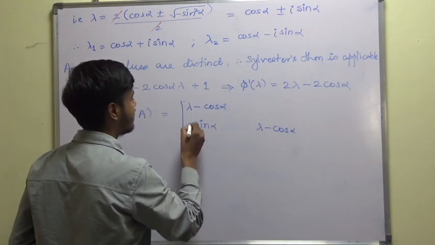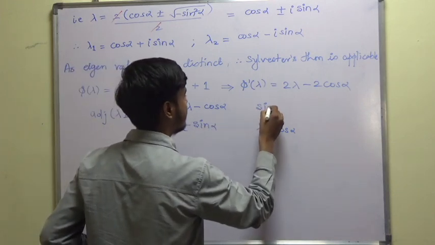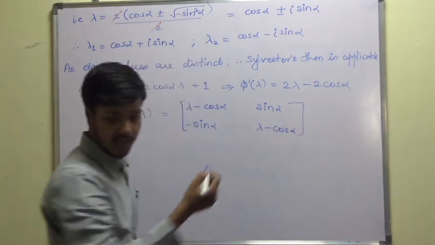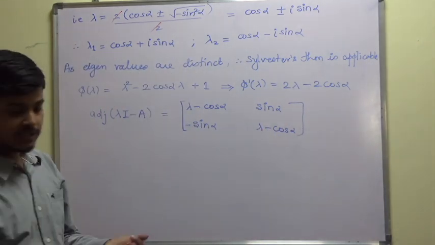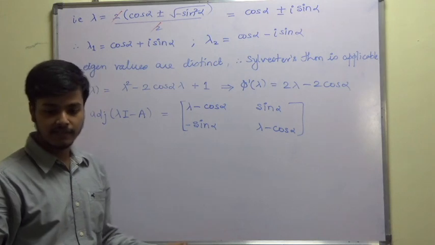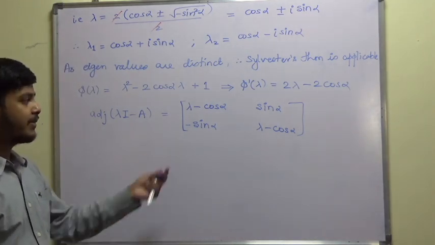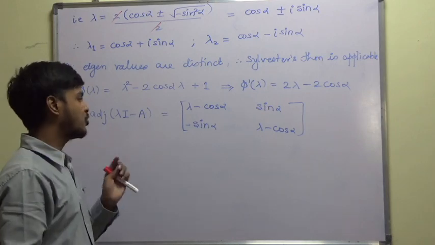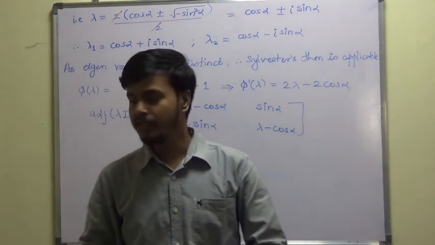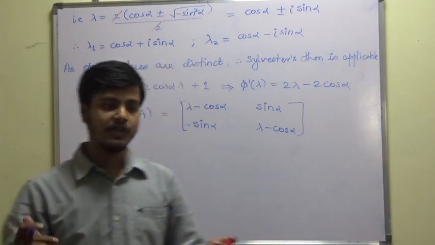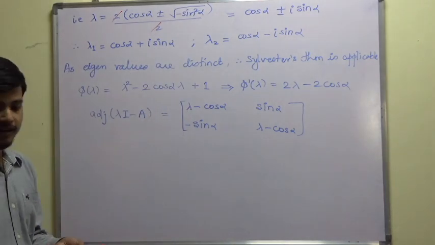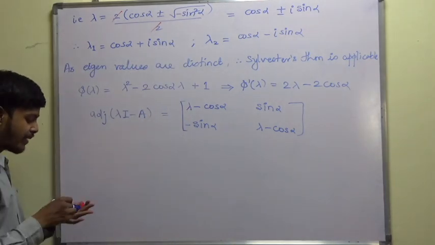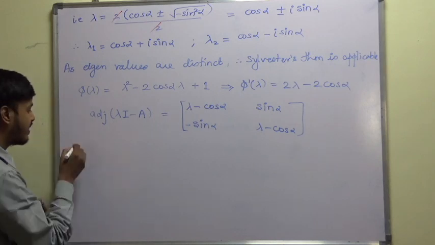So this is minus sin alpha, this is plus sin alpha. If you remember, we have this matrix. So this is lambda minus cos alpha, sin alpha, minus sin alpha, and lambda minus cos alpha. So we have this adjoint, which completes step number 3. Now we have to find out z of lambda r. Do you remember what z of lambda is?